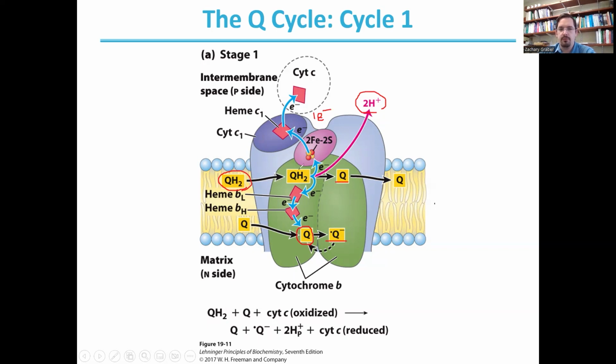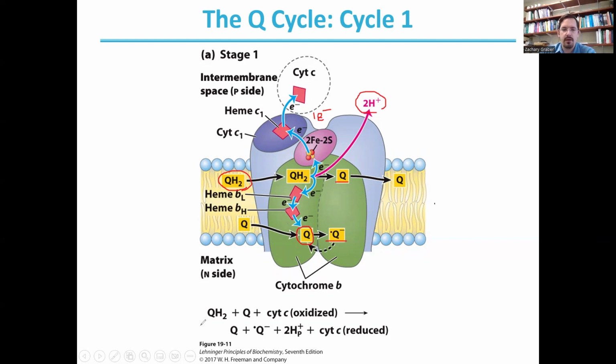One where we bind the reduced coenzyme Q, our ubiquinol, one where we bind the oxidized coenzyme Q, our ubiquinone, and so we're able to release the protons only out onto the intermembrane space side.